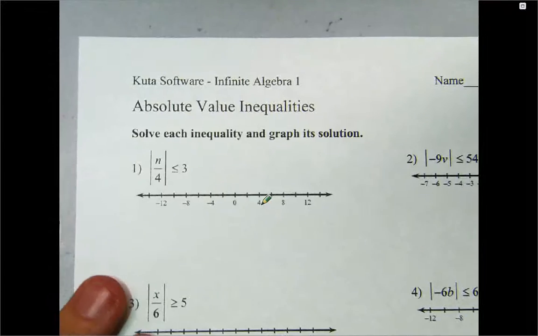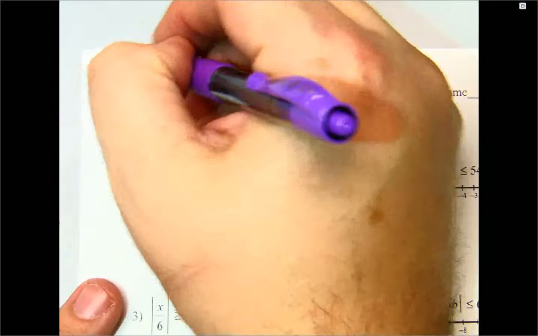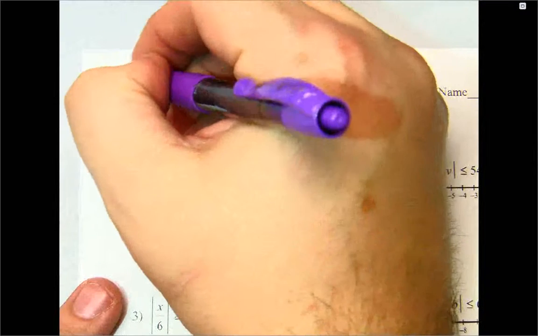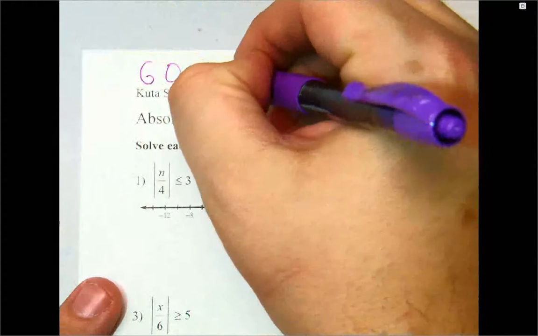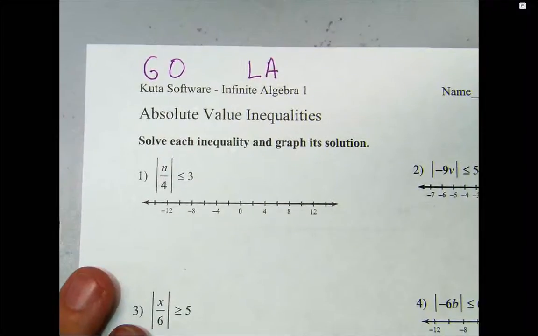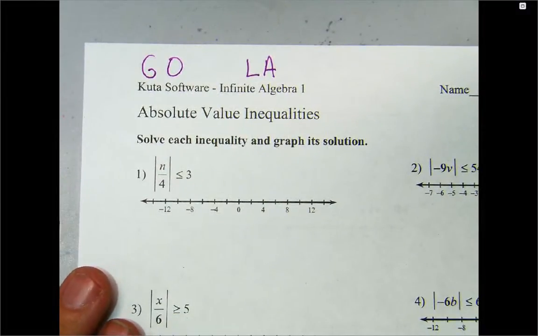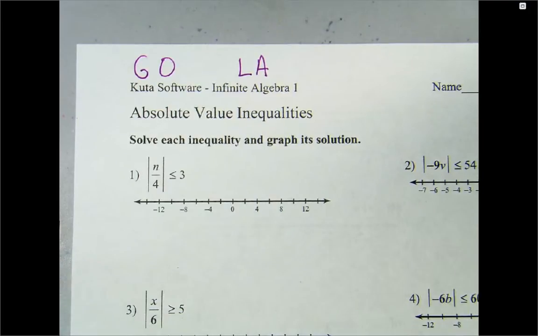All right, up at the top, I want you to write this phrase: Go, LA. Now, this is your key to figuring out how we're going to solve our absolute value inequalities.